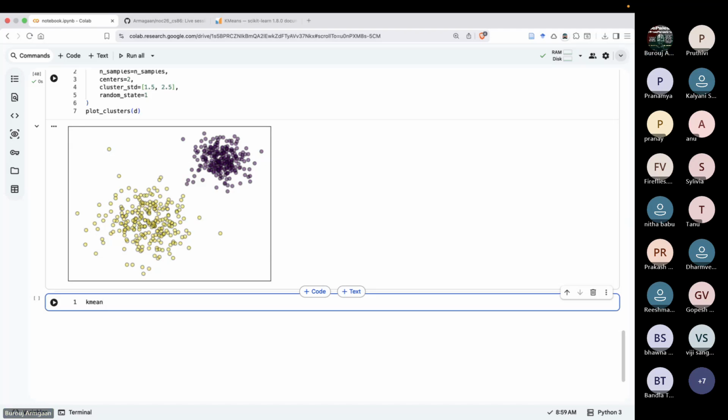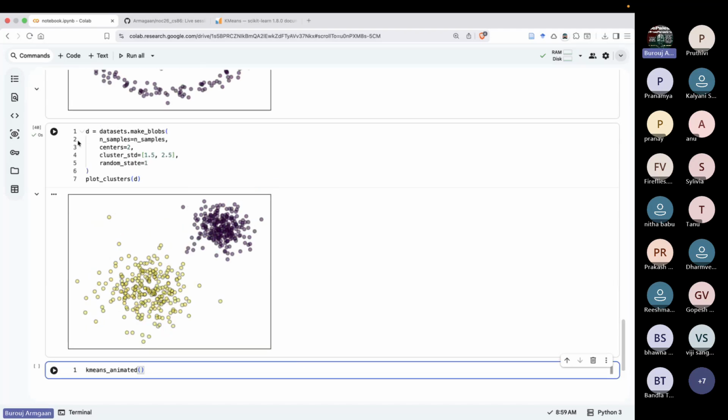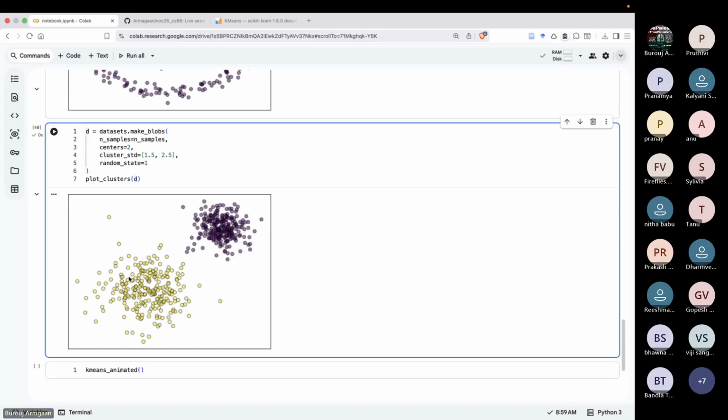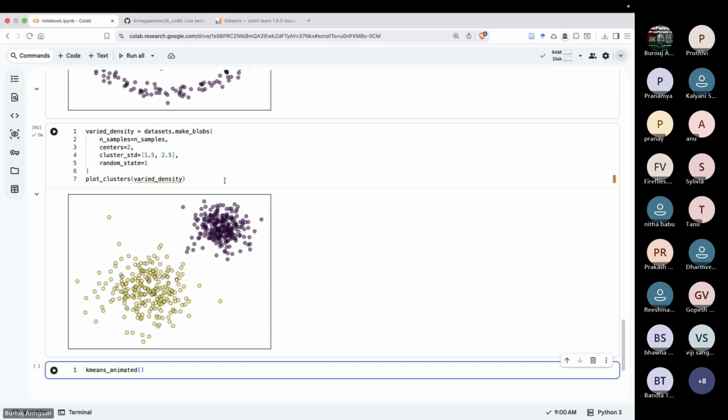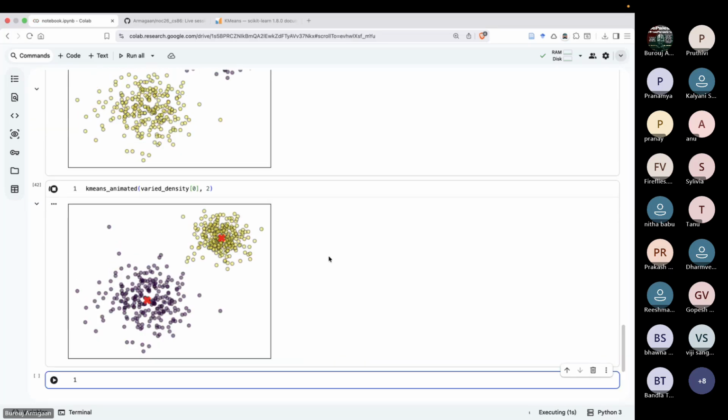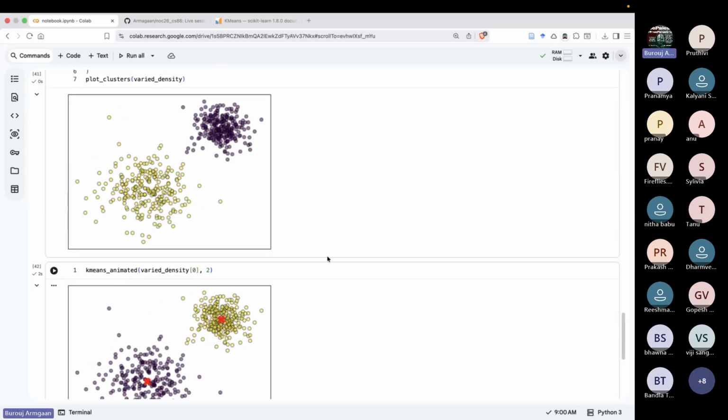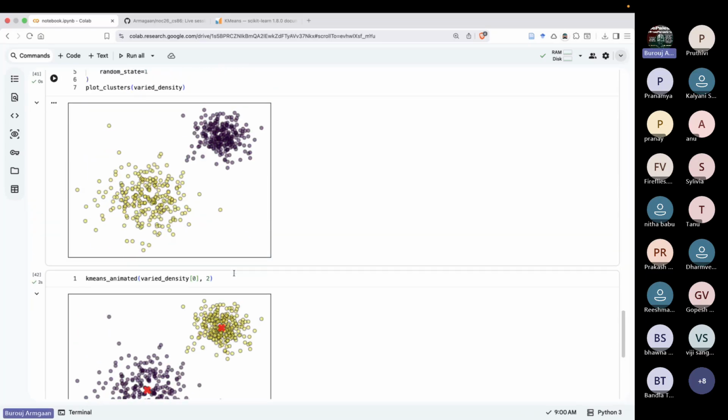If we have k-means, let's call it varied density. Okay, so the colors are flipped, but essentially it is able to do it.